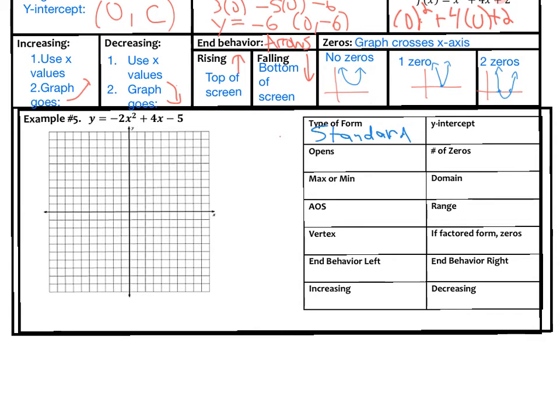So let's label our A, our B, and our C. A is -2. So that means if A is -2, I have a maximum, and it opens down. It looks like that. If that number was positive, it would open up.